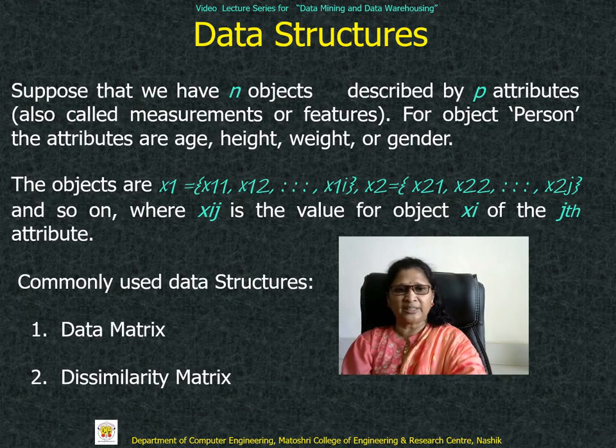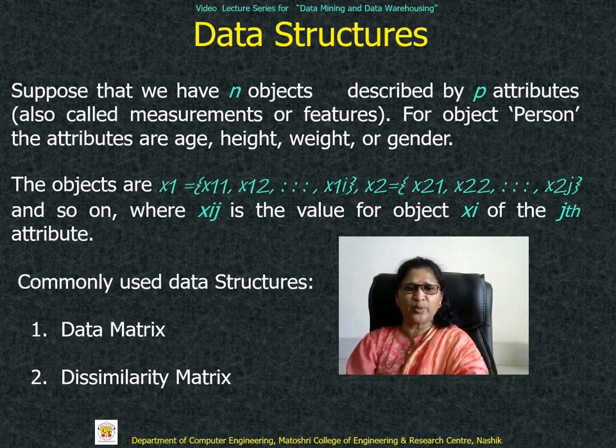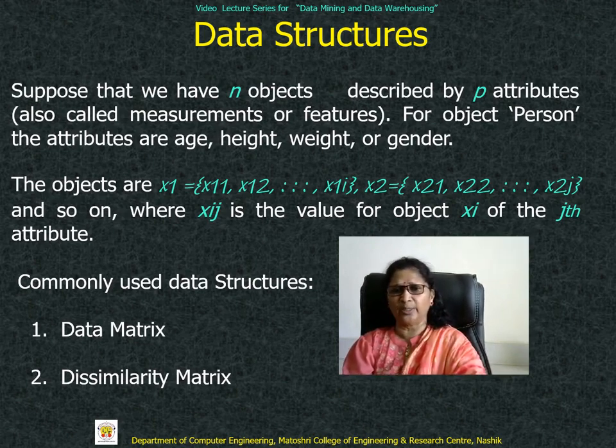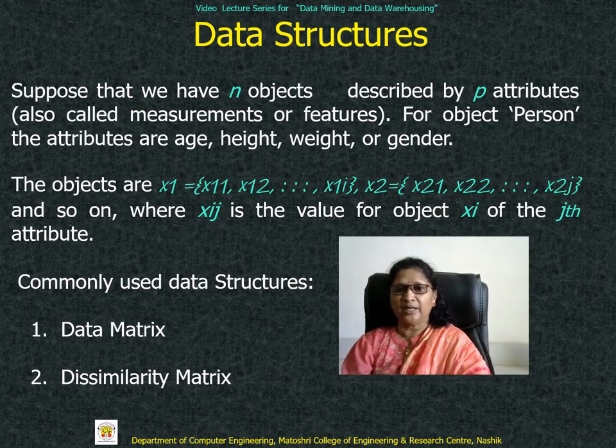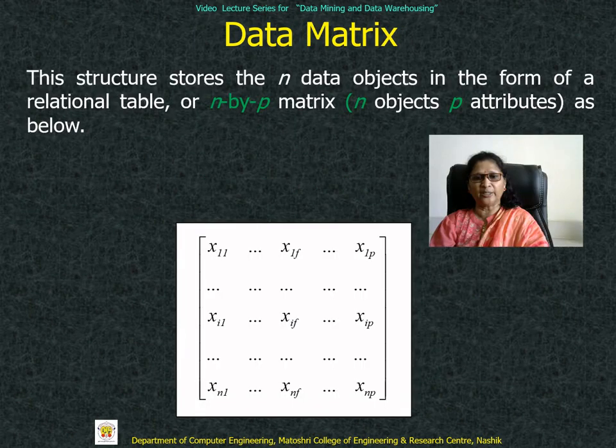The objects are represented, say x1 is equal to x11, x12, up to x1p, which is nothing but object x1 is represented with features x11, x12 and so on. And object x2 is represented with features x21, x22, and so on. This is like a matrix representation, and these two data structures are data matrix and dissimilarity matrix.